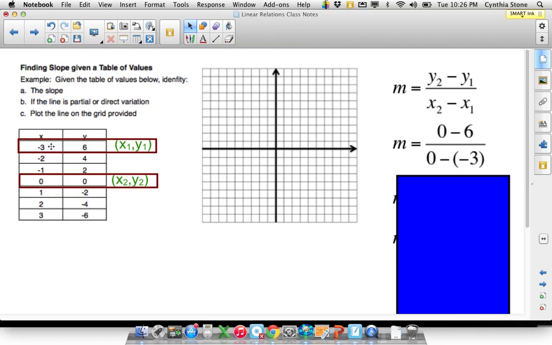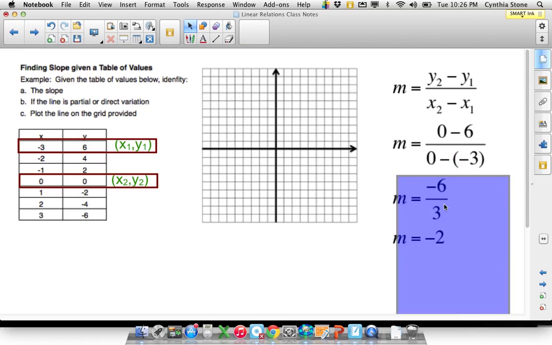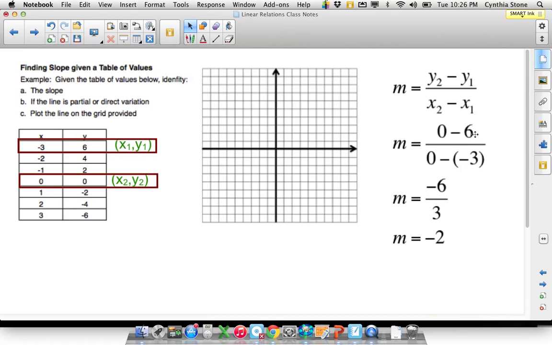But I'm minusing a negative 3. And hopefully you remember that subtracting a negative is the same as adding a positive. So to solve for my rise and my run, I have negative 6 on top and just 3, because 0 minus minus 3. Your team is at 0, and you lose 3 bad players, you become a plus 3, okay? And then that divides out to minus 2.